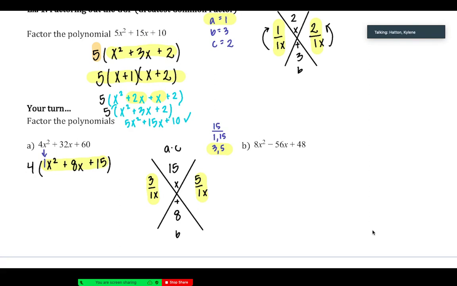Remember that the 4 has to stay a part of your final answer, so the 4 stays out in front. This 3 over 1x becomes x plus 3, and this 5 over 1x becomes x plus 5. So 4 times x plus 3 times x plus 5.